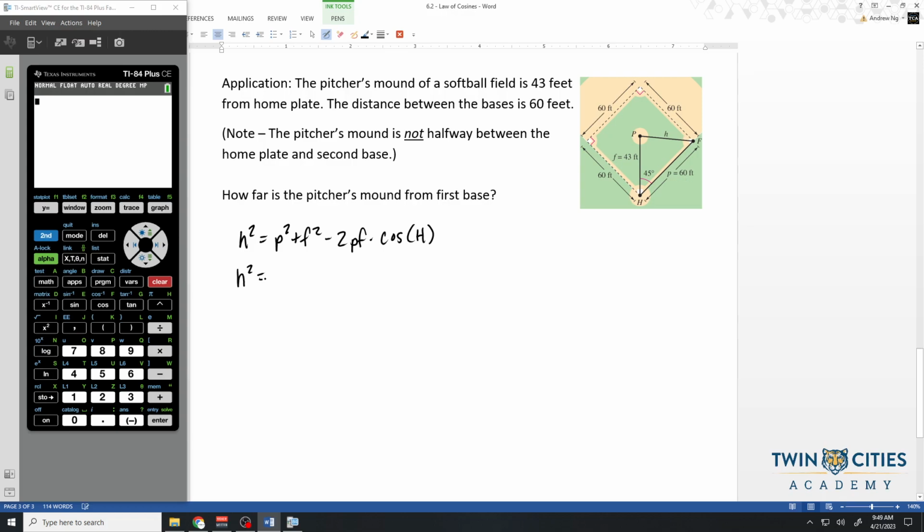H squared is equal to, P is 60, so this will be 60 squared plus F is 43, so we've got 43 squared here, minus 2 times 60 times 43, and this is times the cosine of H, which is 45 degrees.